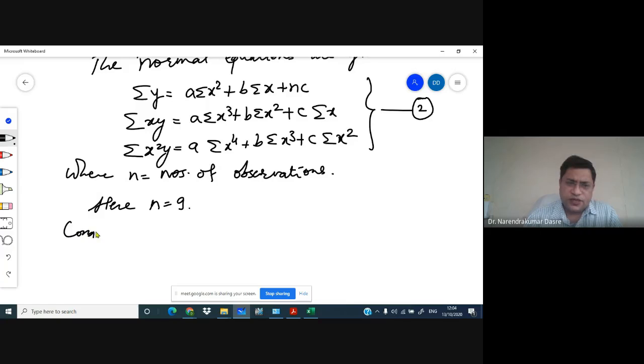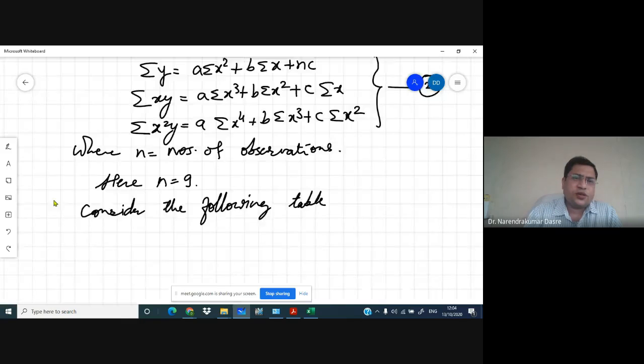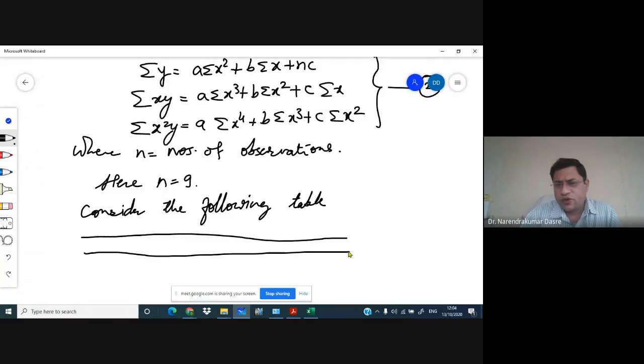Okay, so let us consider the following table. From these normal equations, we know what columns we have to consider. So given x, given y, we have to consider x into y, x square, then x square into y, x cube, and x raised to 4.